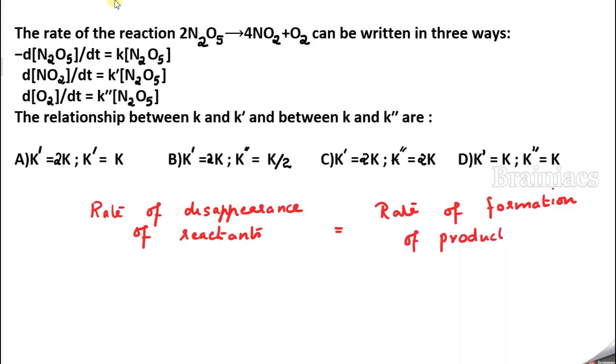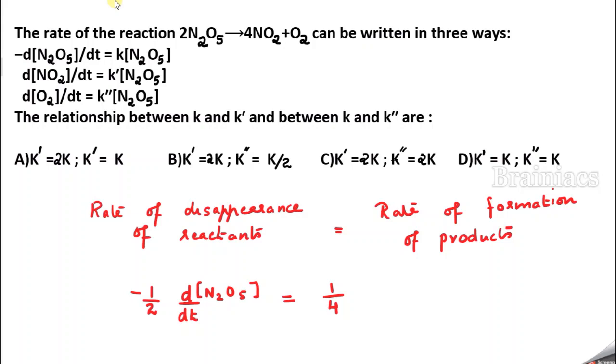Okay, now can you write what is the rate of disappearance of reactants? I can write it like the rate of disappearance of reactants can be written as minus, since it is reactant, I should put minus 1 by 2, that is the coefficient of N2O5, then d/dt of concentration of N2O5, correct, is equal to what? 1 by 4, correct?